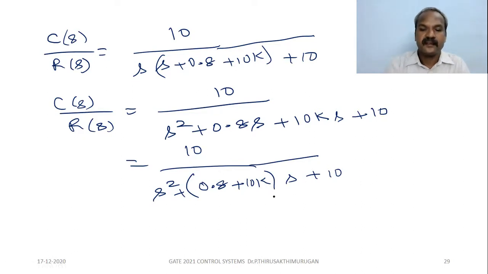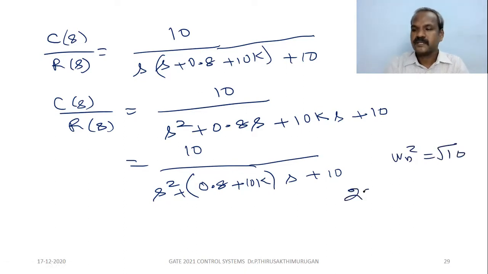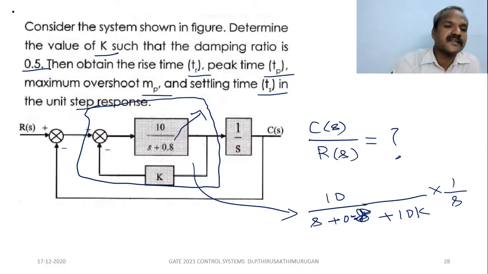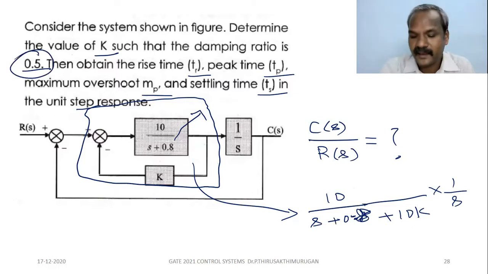Okay, now compare with the standard form. Omega n square equal to 10, so omega n equal to root 10. 2 zeta omega n equal to 0.8 plus 10K. Here zeta value is given as 0.5.